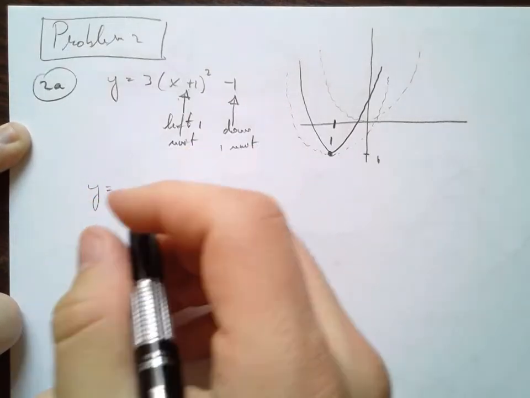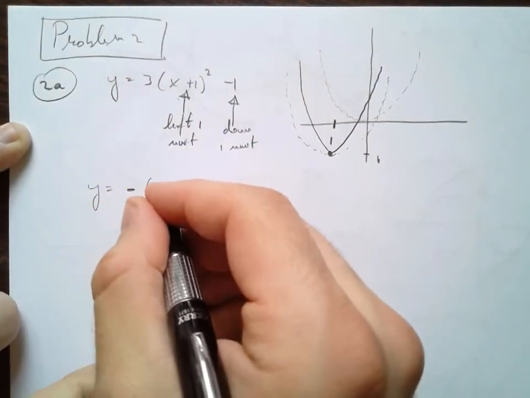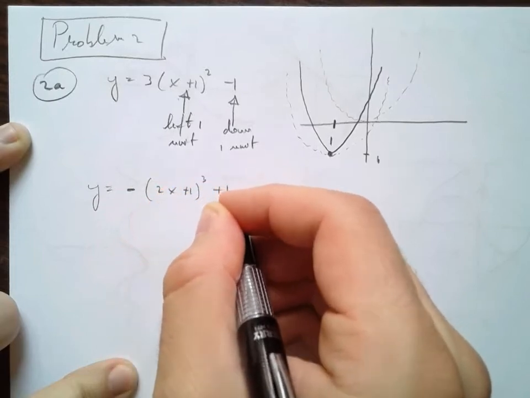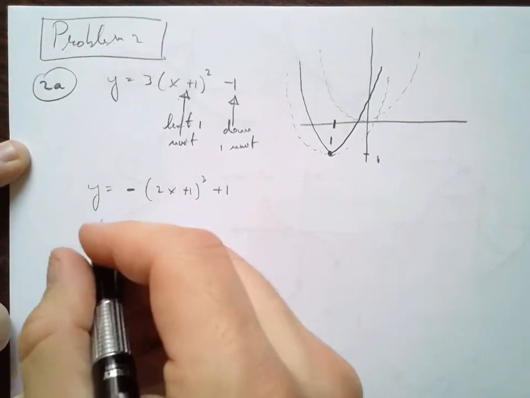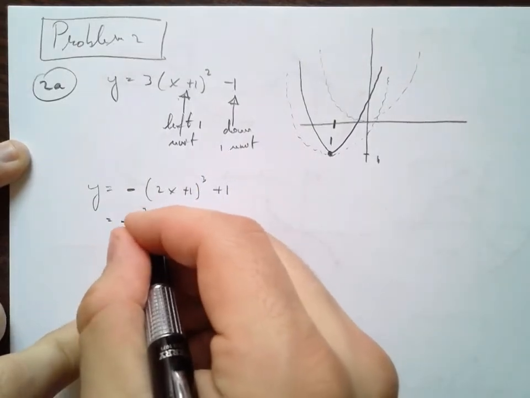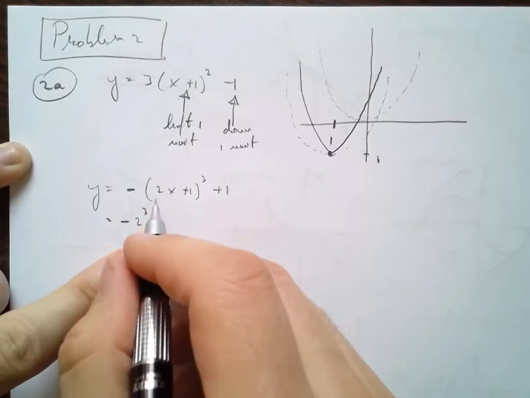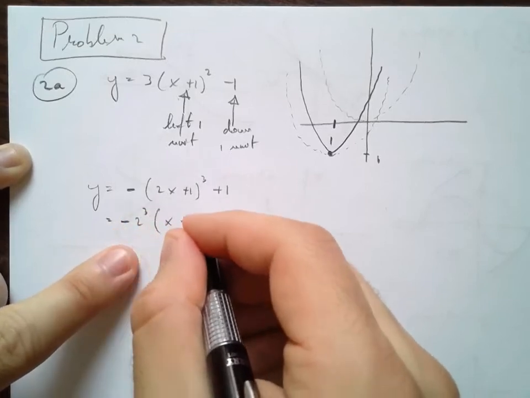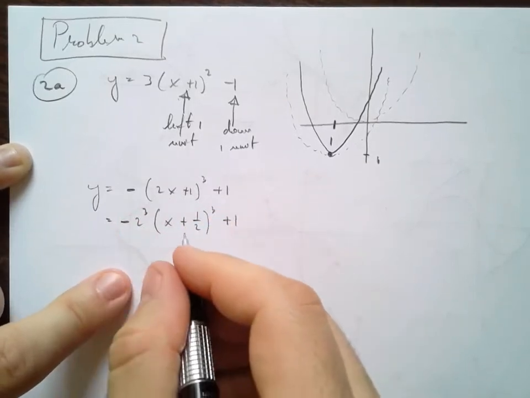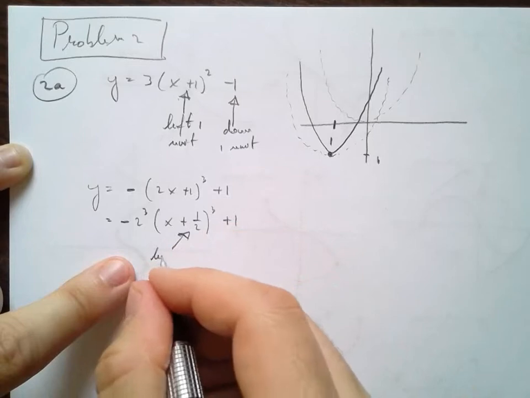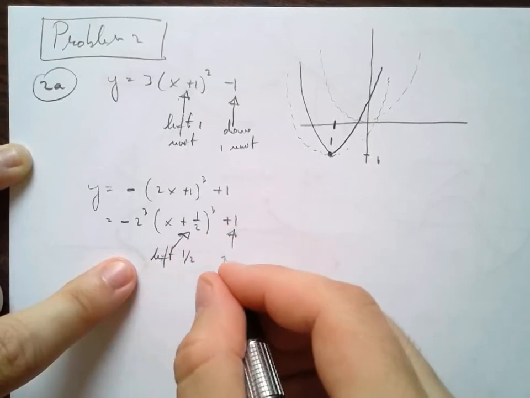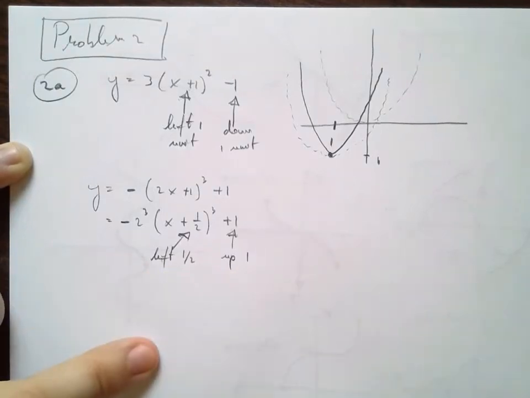is y equals negative quantity 2x plus 1 cubed plus 1, okay, which I'm going to rewrite as negative 2 cubed. So I'll factor out a 2 from the parenthesis, and I'm left with x plus a half cubed plus 1. So now I have a left shift of 1/2, and I have an up shift of 1 unit.